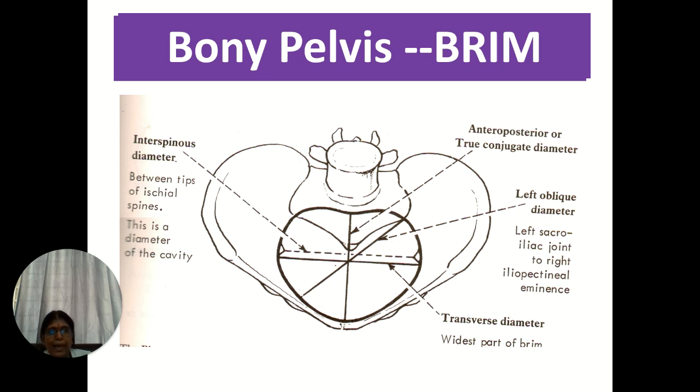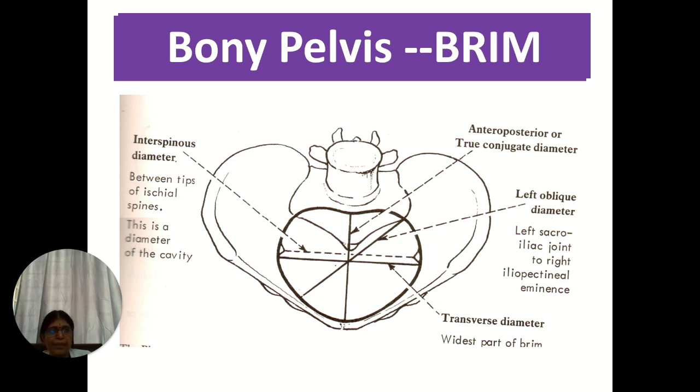Now if you look at the axis of the pelvis, at the brim the direction is downwards and backwards, whereas the axis in the mid cavity is only downwards, and at the outlet the axis is downwards and forwards.